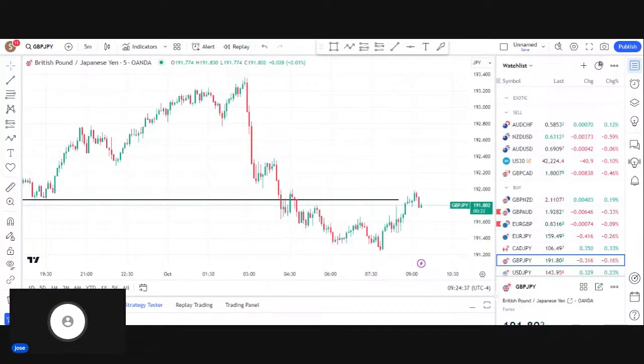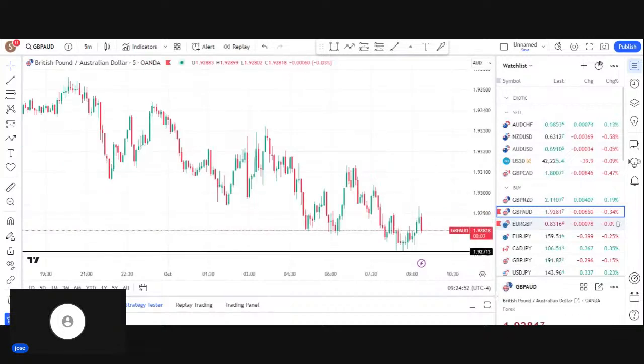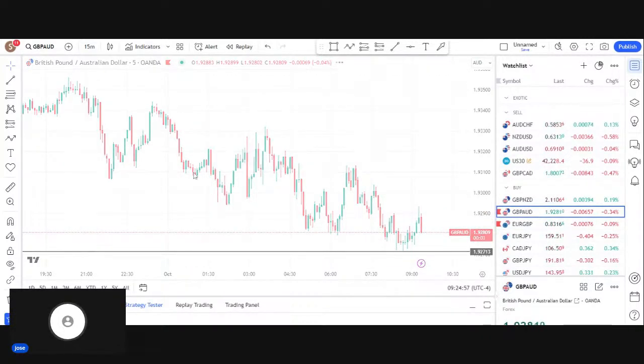You just wait for price at the high of the week after you have had your signal. Like today, we are paying close attention to Euro GBP and GBP AUD because it has given us a failed breakout.